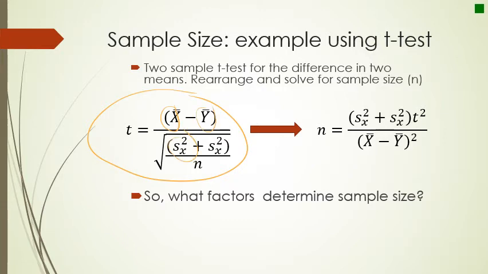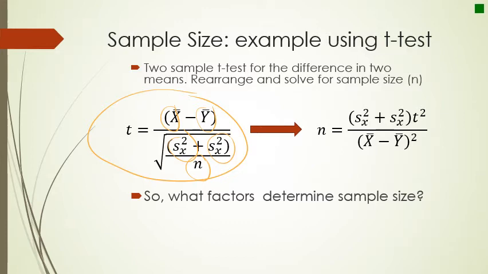We have the variances associated with each one of those means, and we have some sample size that we used when we estimated these parameters. All we have to do is rearrange this equation to solve for n, and you can confirm that that gives you the equation on the right here.